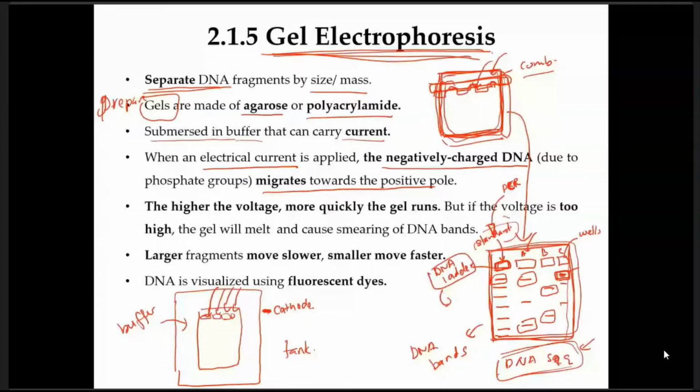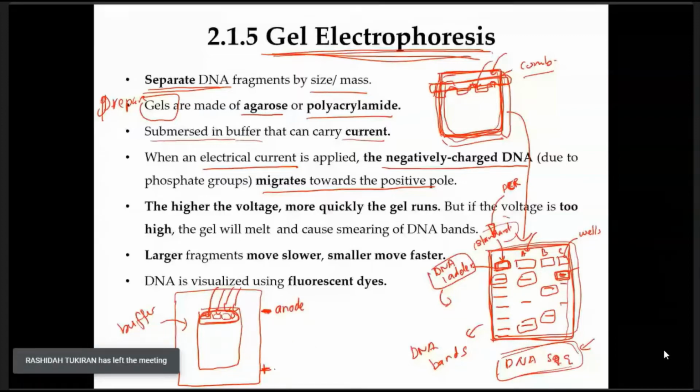Oh, okay, betul lah. Anode, sorry. Alright. So, negative anode. Okay, so you run the current.